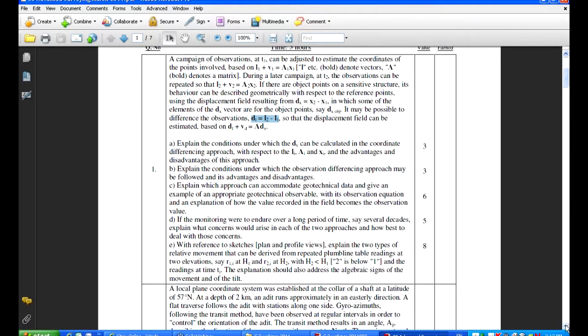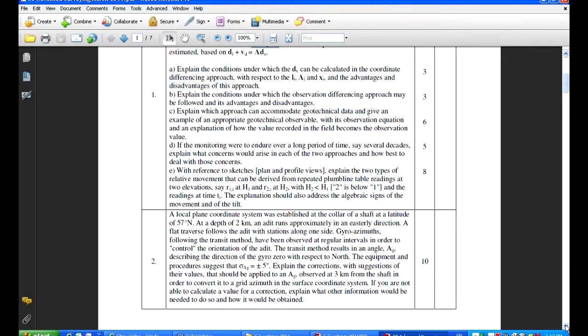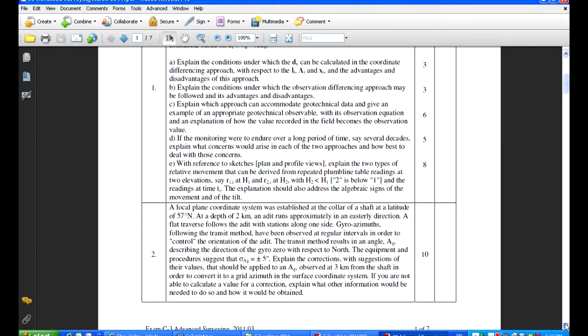And the next question is really more for the fourth session, underground surveying. But if we read through it carefully, it's basically dealing with the gyroazimuth, which could be a problem almost anywhere, and that's the effects of meridian convergence. Question number 3.